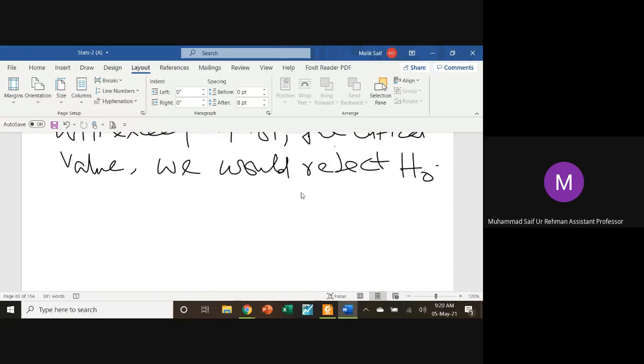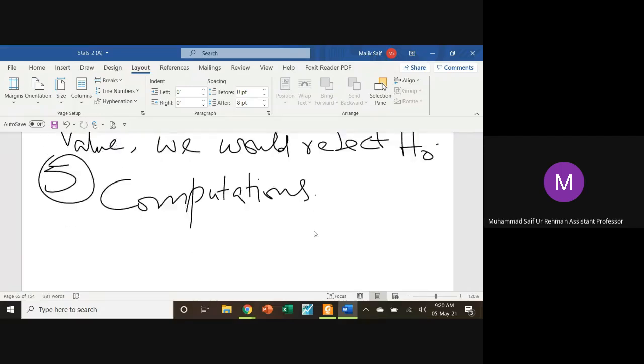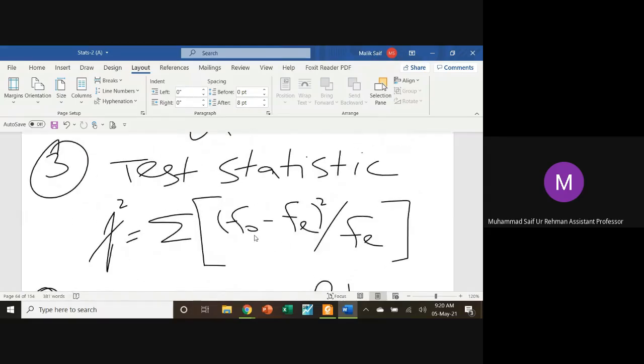And then there is step 5, computations. In computations, you see what is required: f observed and f expected. These two things are required.